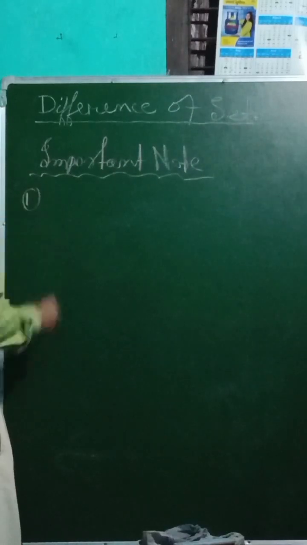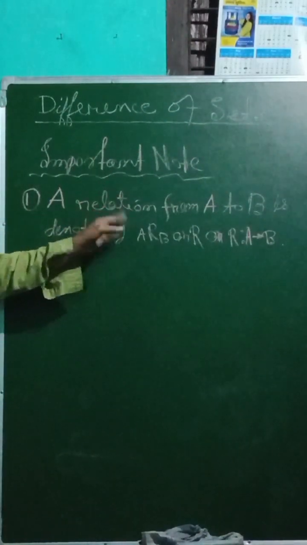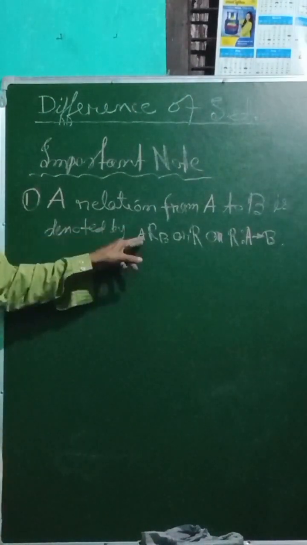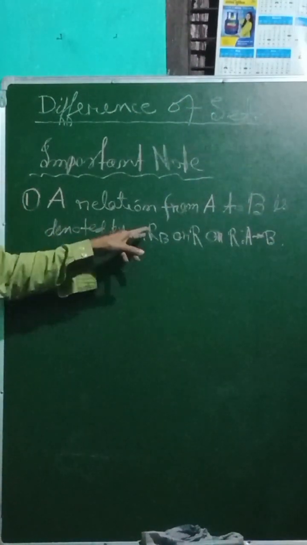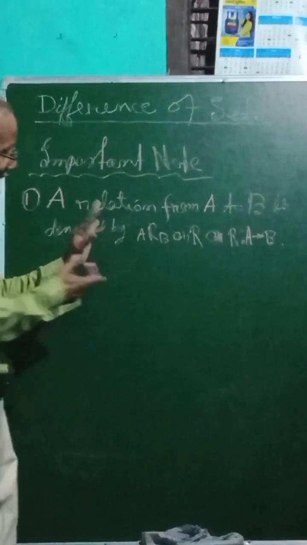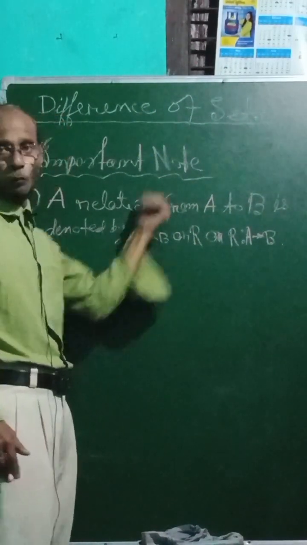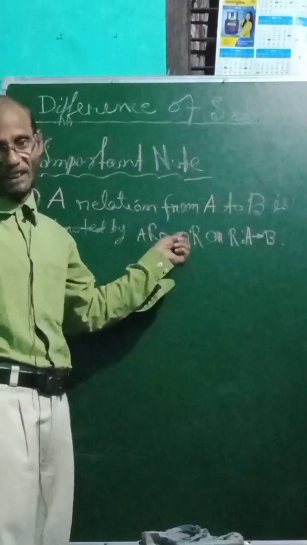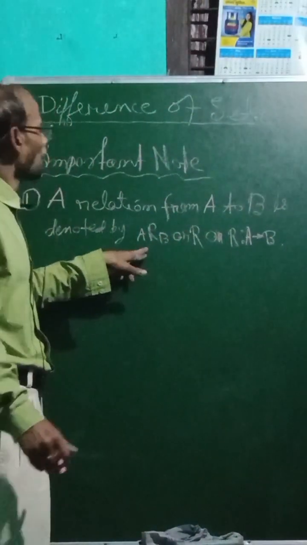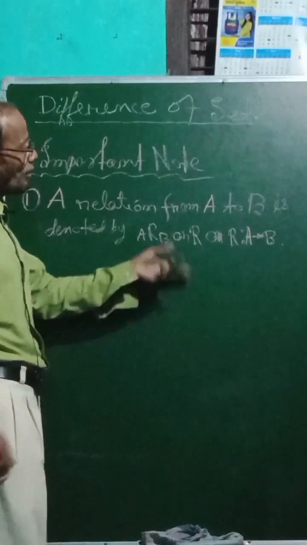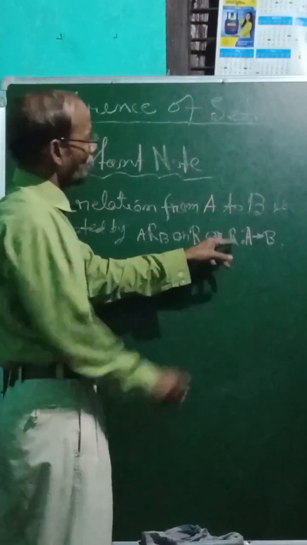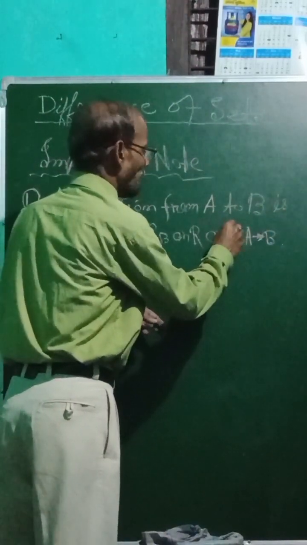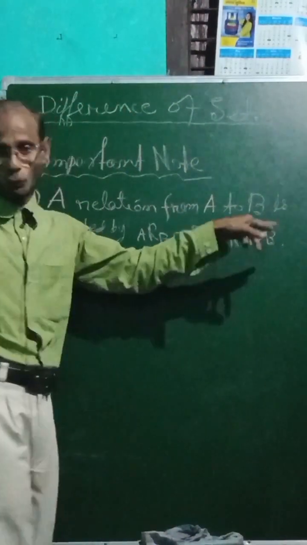Number one, the relation from a set A to a set B is denoted by ARB, where R is the symbol of relation and it shows that it is from A to B. So A is the prefix and B is the suffix. You have to write in that way, or simply R, or the other way R colon A arrow B, which means relation is from A to B.